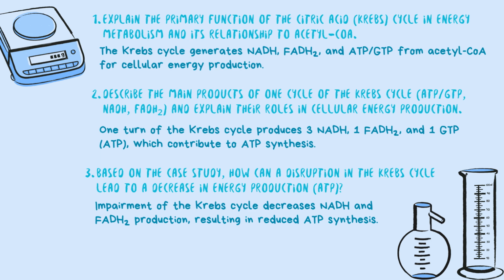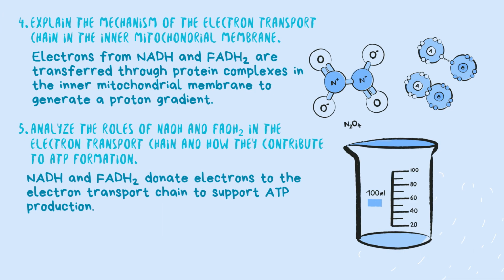Third, based on the case study, how can a disruption in the Krebs cycle lead to a decrease in energy production (ATP)? Impairments of the Krebs cycle decrease NADH and FADH2 production, resulting in reduced ATP synthesis.